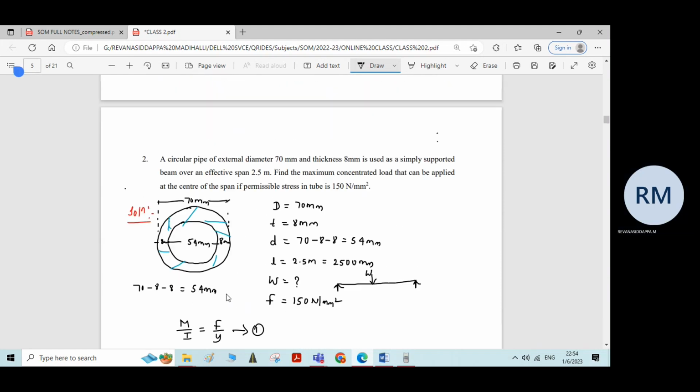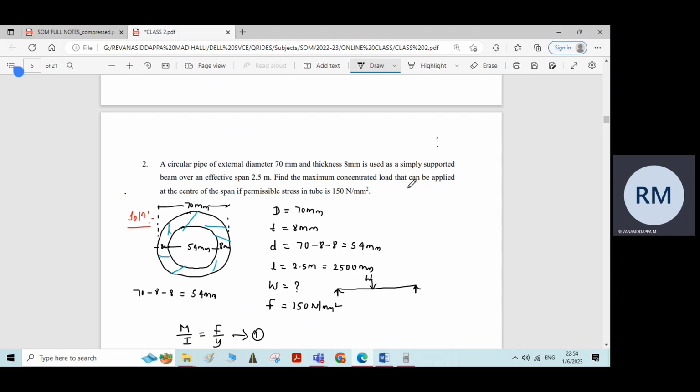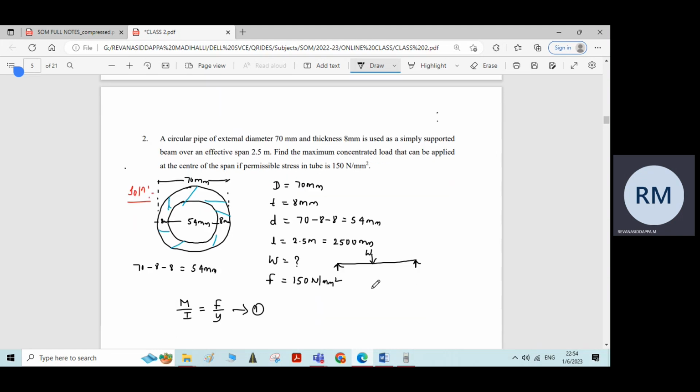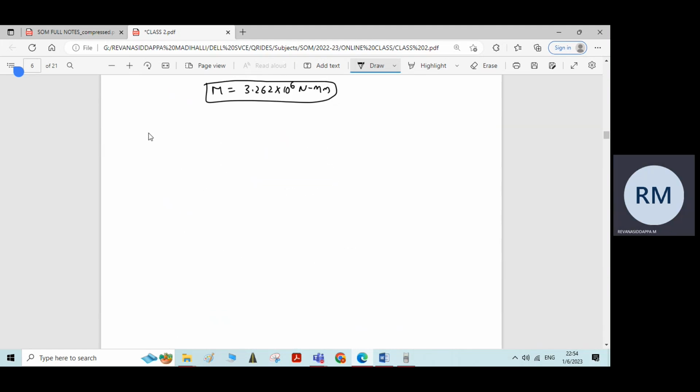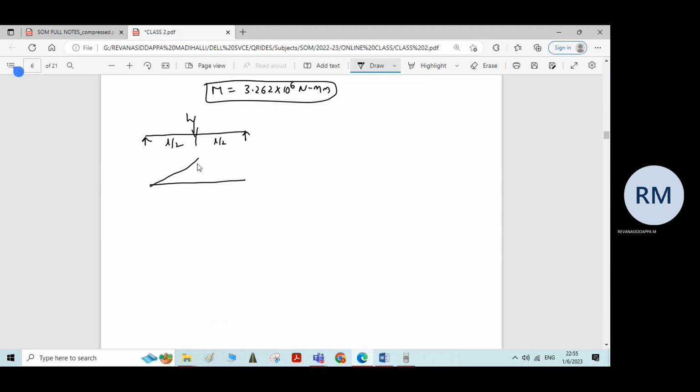What is the question? To find maximum concentrated load W that can be applied at the center of the span. So we know that for a simply supported beam carrying a concentrated load W at center of the span, the formula for the maximum bending moment is W L by 4.